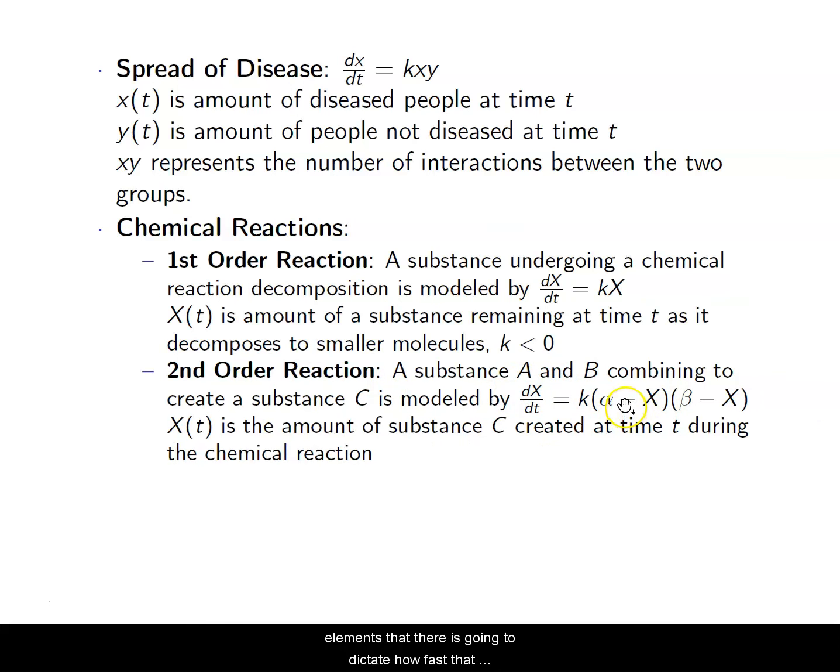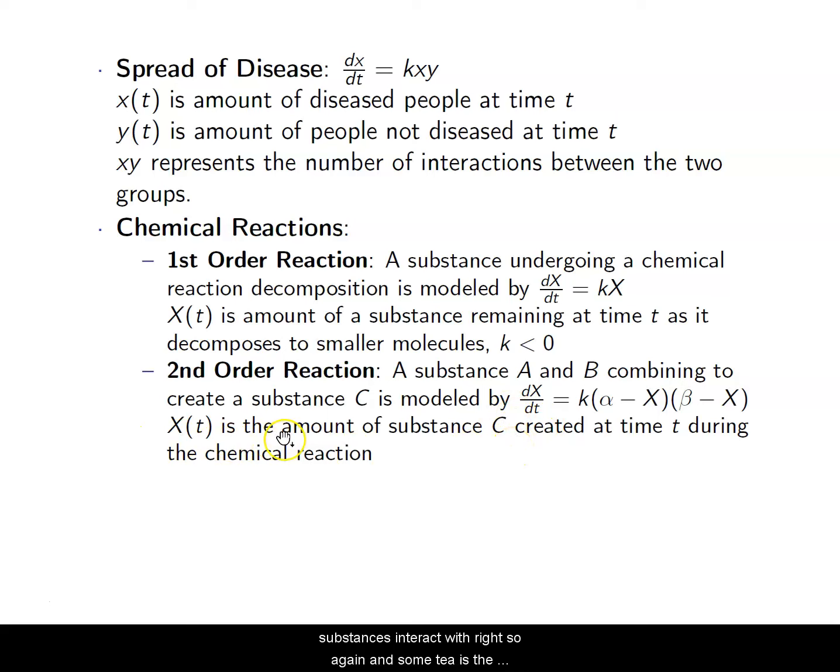Because the amount of elements that's there is going to dictate how fast that reaction is happening. If you only have a little bit of A and a little bit of B left over, there shouldn't be a lot of reaction going. However, if there's a lot of A and a lot of B left, they should be interacting because there's more substance to interact with, right?